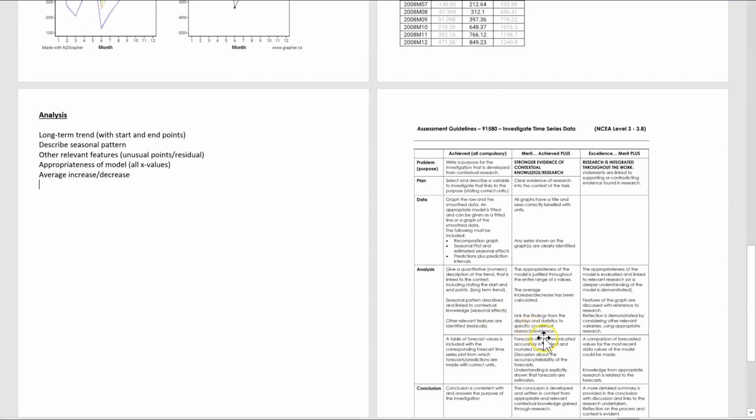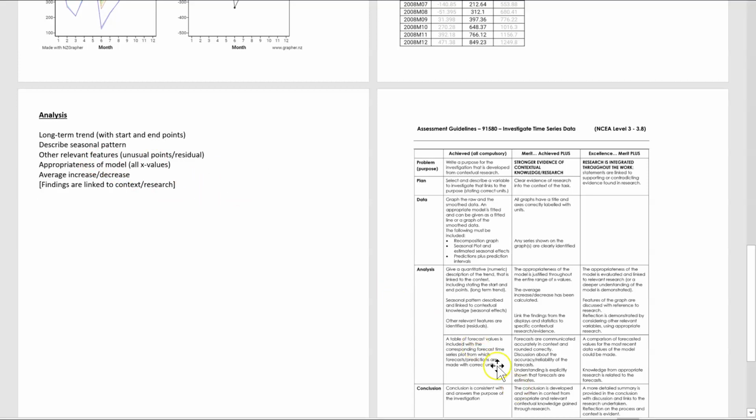And then the one after that, findings are linked to context-research. I'm going to put that in square brackets because that doesn't need anything extra. That's an add-on to all of the other points. What that's saying is every other point above needs to be researched, and we need to explain or justify why we're seeing what we're seeing.